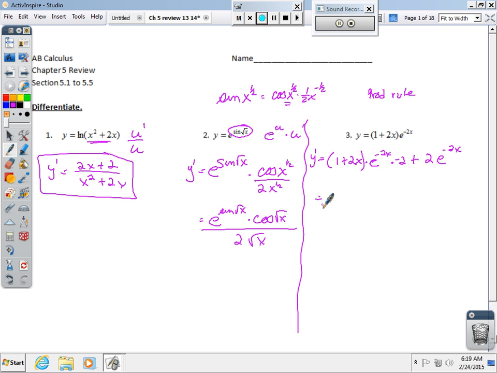Alright, now it's just a matter of simplifying this. Negative 2 e to the negative 2x times 1 plus 2x plus 2 e to the negative 2x.